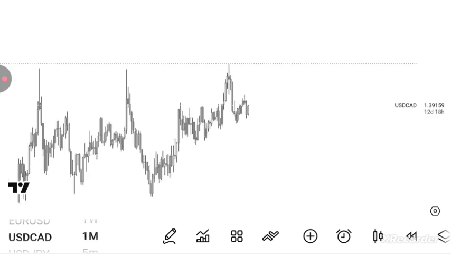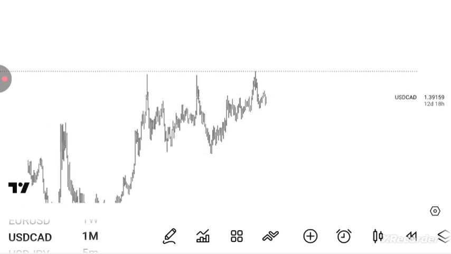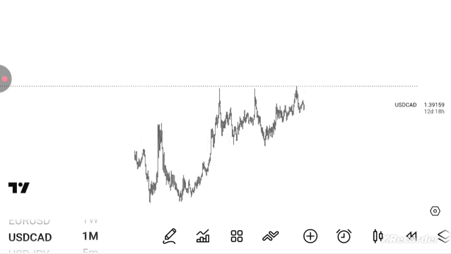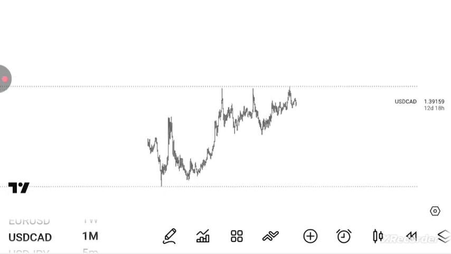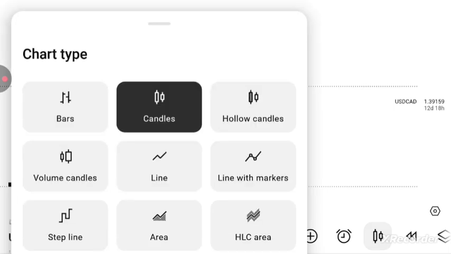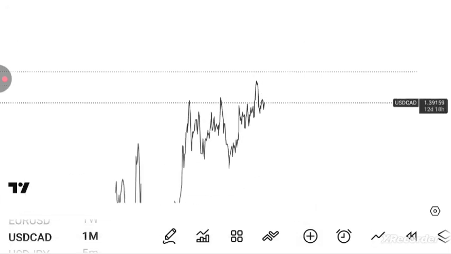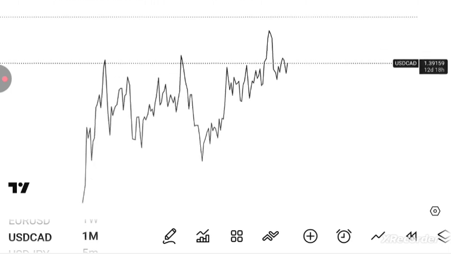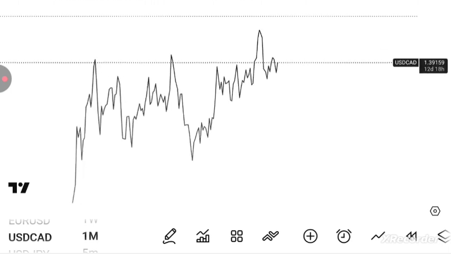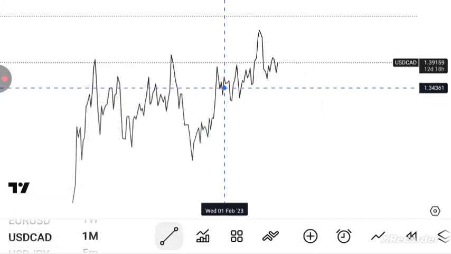If you look at USDCAD, we could literally say that USDCAD is very bullish. If we look at our line chart, very simple, you see what USDCAD is doing. It's breaking above highs. These are recent structure here.